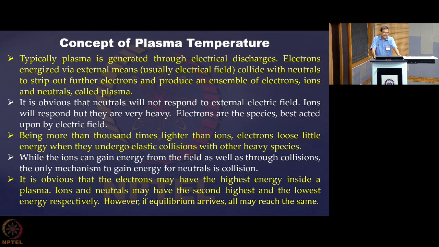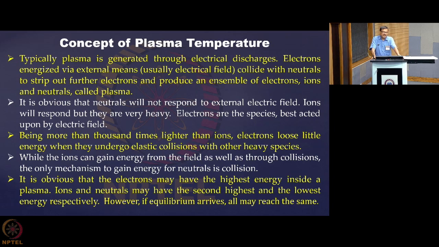The ions also can gain energy from the field, but because they are bulky, they cannot pick up the energy very quickly. The other thing through which equilibration in temperature is usually achieved, or at least attempted, is collision.